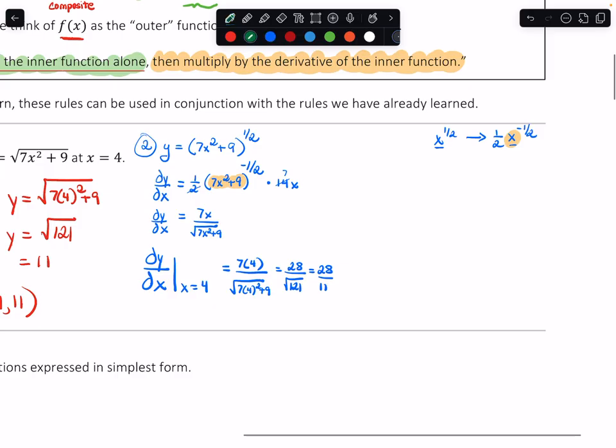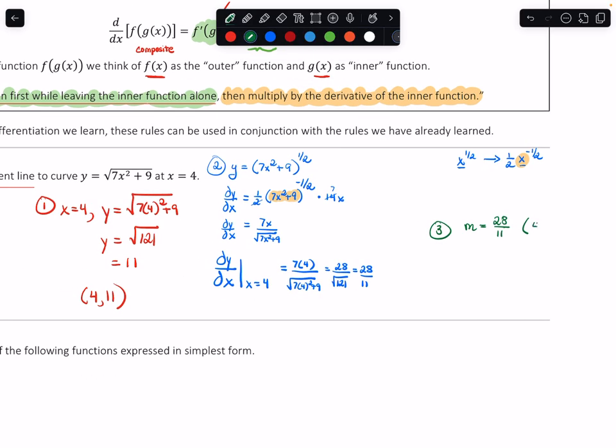And so the last thing I'm doing there is taking my slope, which is 28 over 11, and my point of contact, which I found in red, that's 4 comma 11, and I'm throwing those two pieces of information into point slope. So y minus y1 equals m, 28 over 11, times x minus x1.